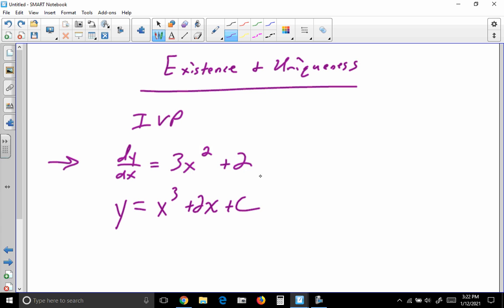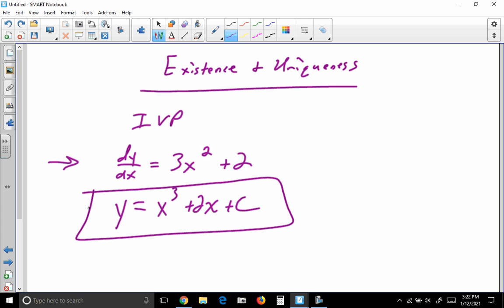And if we don't have some value that our equation has to satisfy, then this gives us a whole family of solutions. But if we are given some initial value, for example, that when the x value is such, the y value is something else, then we can find the specific solution of our problem.